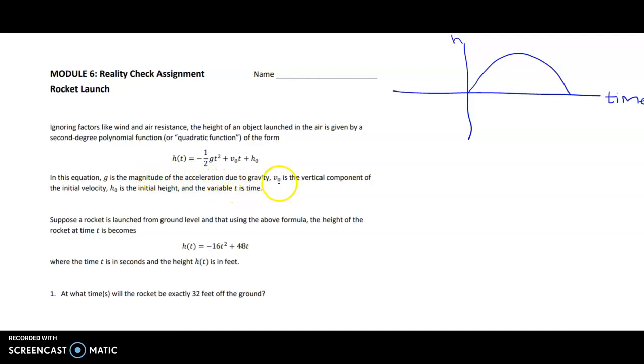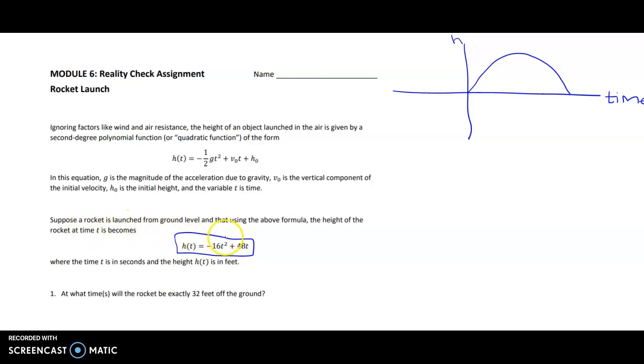V sub 0 is the vertical component. H sub 0 is the initial height, and the variable time is t. So this is a general formula, but the one we're going to use is right here. This is what we want to pay attention to, closely anyway.